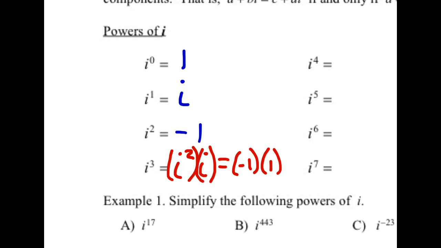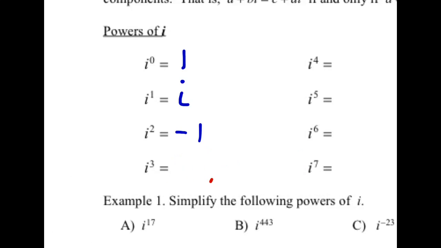And so what I really have here is -1 times i. And so -1 times i is then -i. And so when you're all done here, i raised to the 3rd is the same thing as -i.